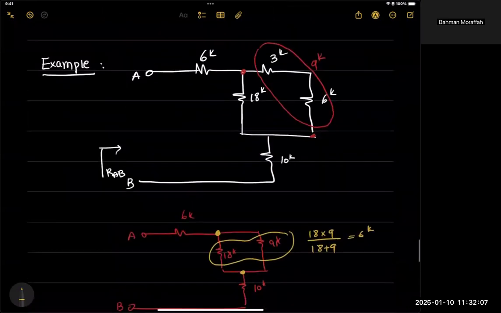Like in this example, we identified these two to be in series, and then we said they are actually located between these two nodes. And this node is exactly the same as this. So we basically replace that with another resistance with the value 9K between those two. And we can do this for every single element in the circuit. And that's how we can simplify down the circuit and find the equivalent.